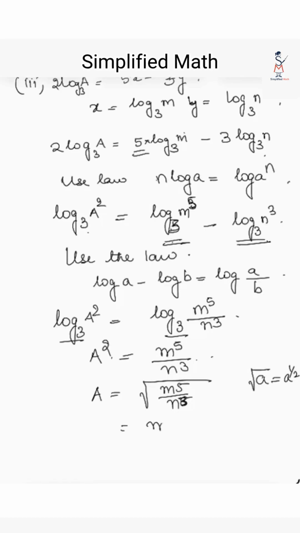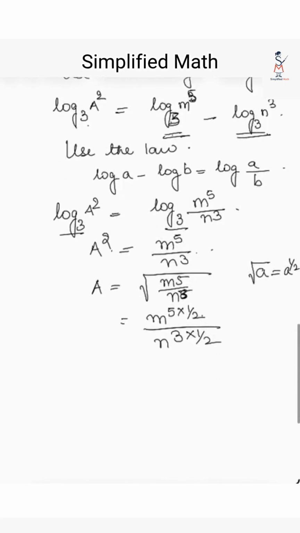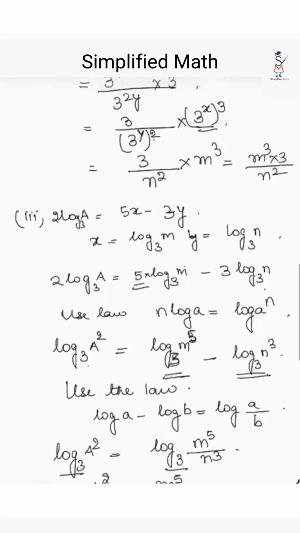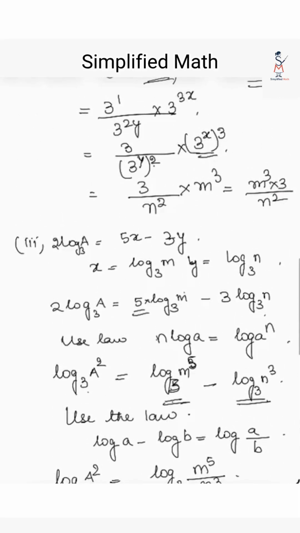So this is m raised to the power 5 into half, and n raised to the power 3 into half. So 5 ones are 5 and 2 down, and 3 ones are 3 and 2 down. So a is m raised to the power 5 by 2 divided by n raised to the power 3 by 2. So this is how we will follow the rule of exponents and logs to solve our problems.